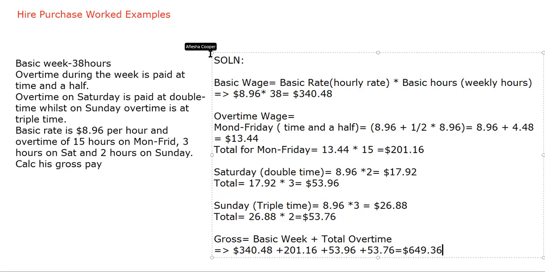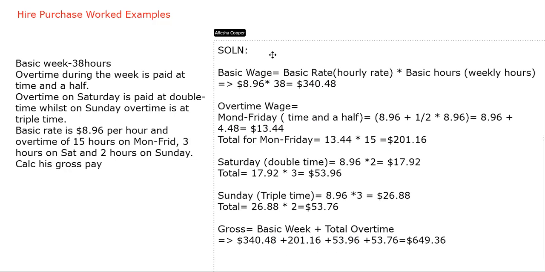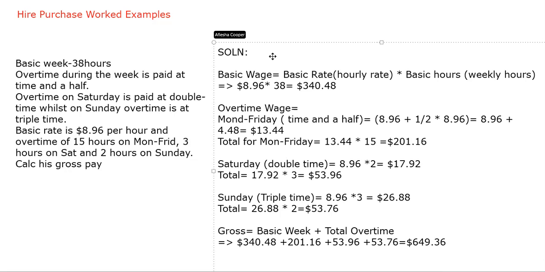And this is how to work out overtime for a week with different overtime periods, time and a half, double time, triple time, by the different hours. Calculate that, add it back to your basic week, and you get your gross total.